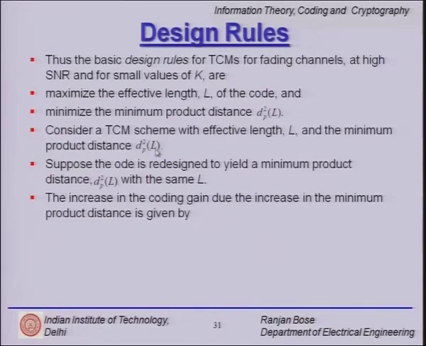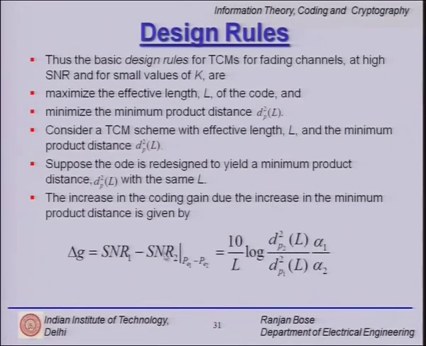If you consider a TCM scheme with effective length L and minimum product distance dp squared, suppose that the code is redesigned to yield a different minimum product distance dp squared with the same L, then the increase in the coding gain due to the increase in the minimum product distance is given as follows. This is the coding gain, and we have the same effective length, but the product distance changes.